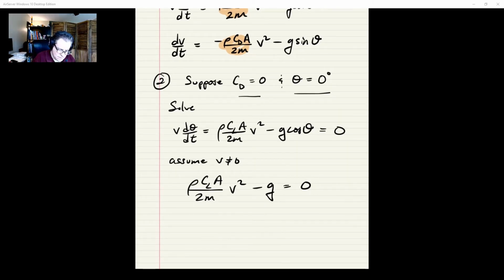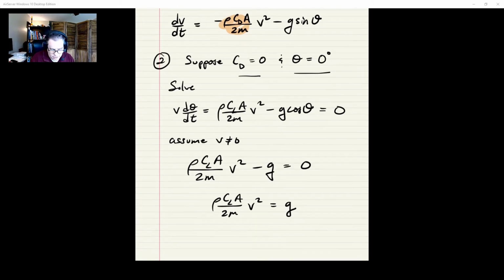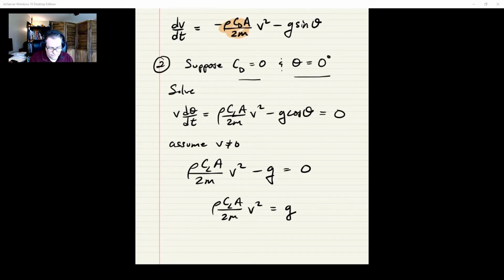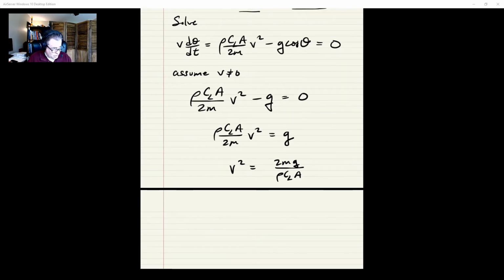I'm setting v to be not 0, so that the only way this equation could be 0 is when d theta dt is 0. So move g over to the other side, and like before, just flip this fraction that's in front of the v squared. And there are two solutions algebraically, but we're just talking speed here in one direction or the other, so let's just take the positive solution algebraically. This is the trim velocity.